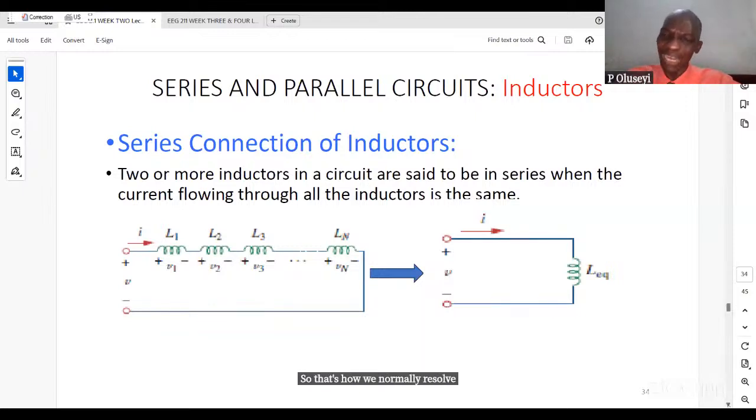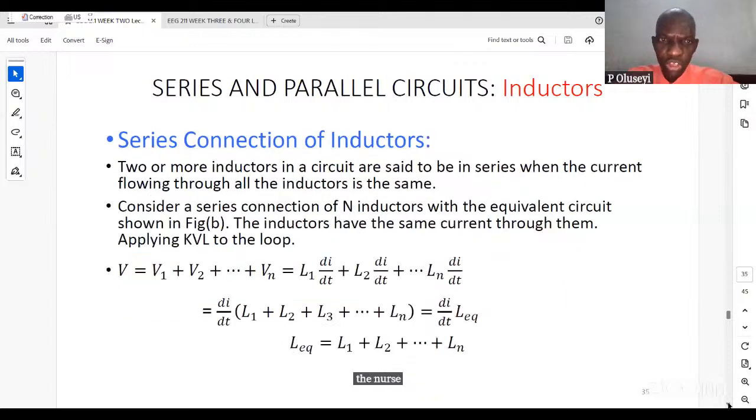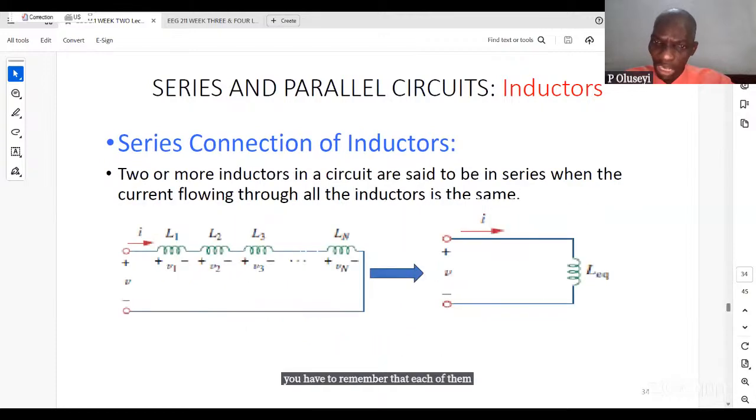But where is the mathematical procedure for doing this? Let me go to the mathematical procedure now. The next slide. So this is the mathematical procedure. You have to remember that each of them has its own voltage drop. L1 has a voltage drop of V1 across it.